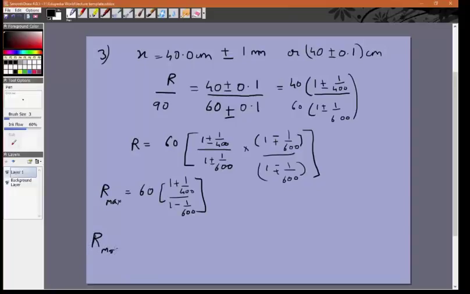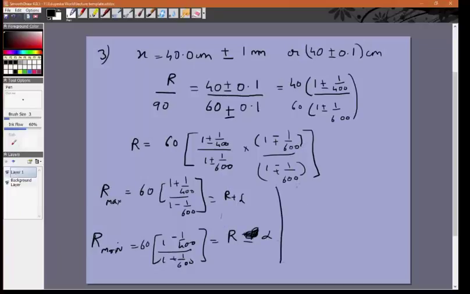And R min, let's say R max is equal to R plus alpha. R min will be 60 times 1 minus 1 by 400 by 1 plus 1 by 600. This will be R minus something, and it will ultimately come out to be the same, R minus alpha. And then we'll write it as R plus minus alpha. So that's what we're trying to do with this calculation.